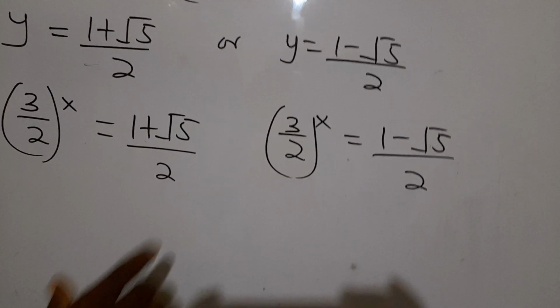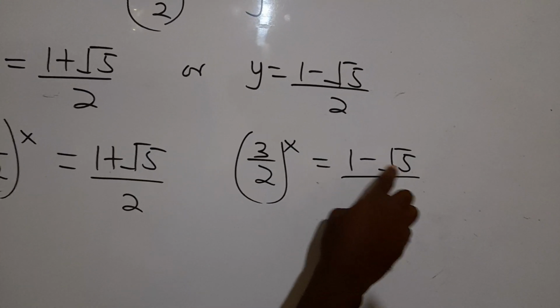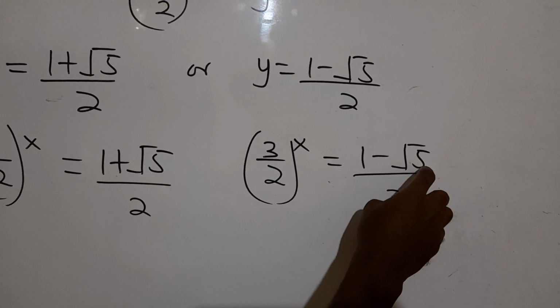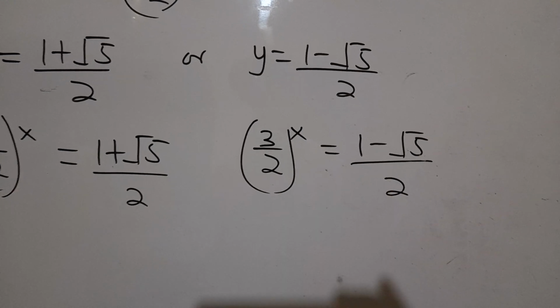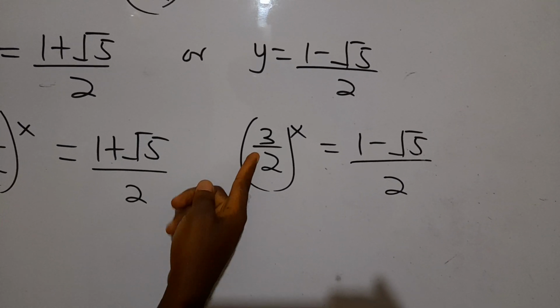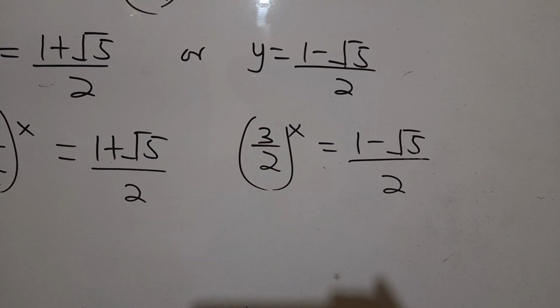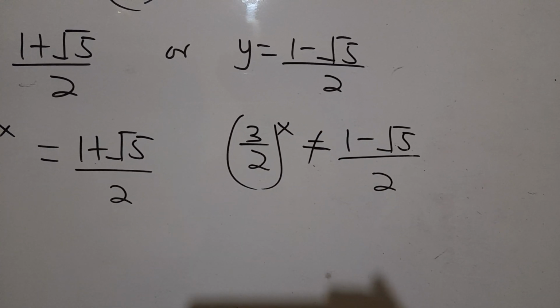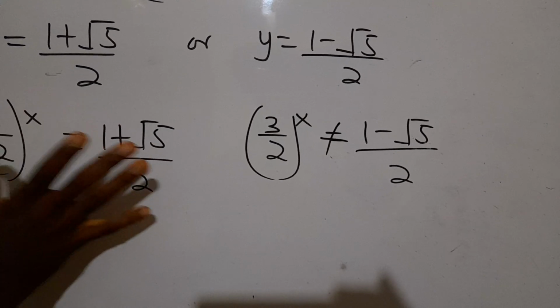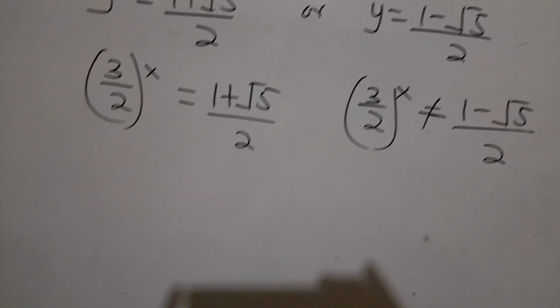Now let's analyze this. 1 minus root 5. Root 5 is 2 point something, so 1 minus that will be negative. And since we have a positive base, we can say 3 over 2 exponent x cannot be equal to that. So we only base our attention on the first one and solve that.